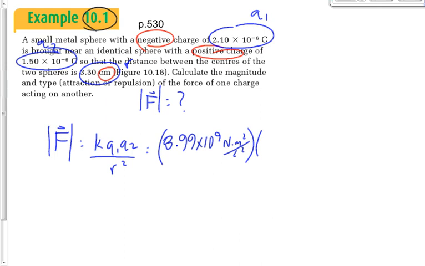It doesn't matter what order we multiply things in, right? 2.1 times 1.5 or 1.5 times 2.1, exactly the same thing. So call whichever one you want charge 1, and whichever one you want charge 2. I've already called this one charge 1 and this one charge 2, but if you did it opposite to that, it wouldn't be a big deal.